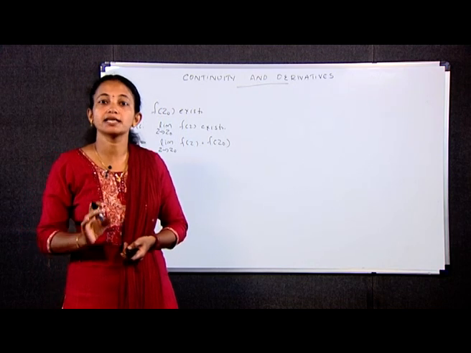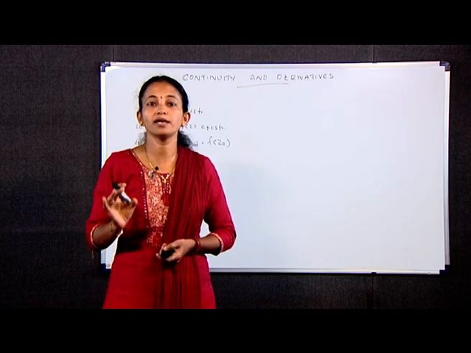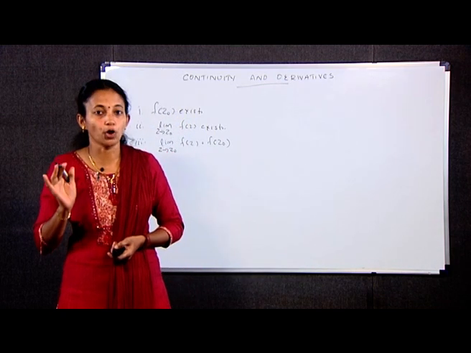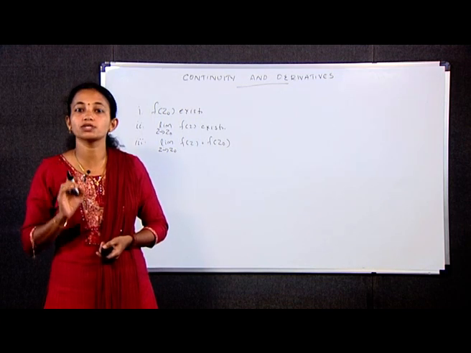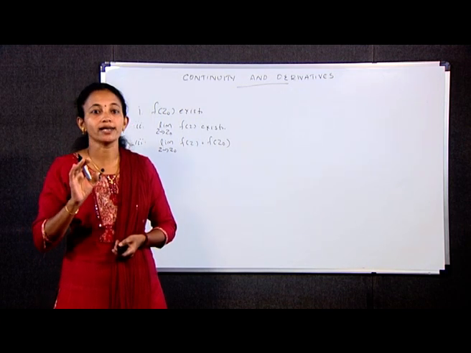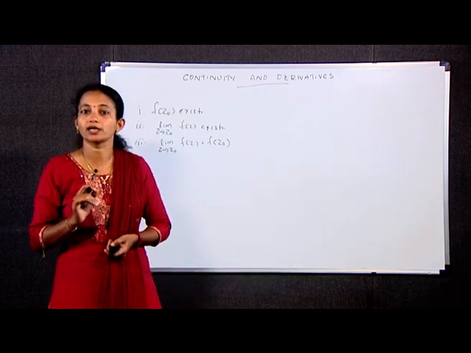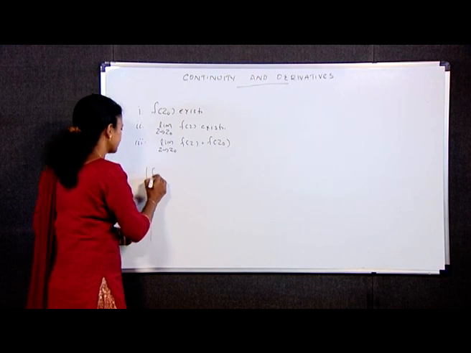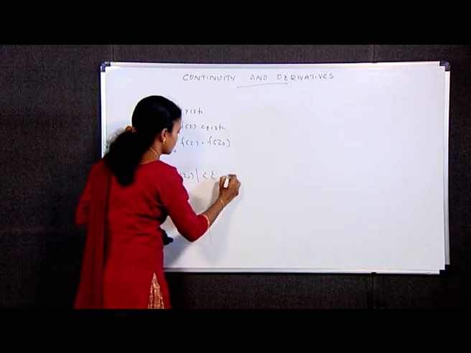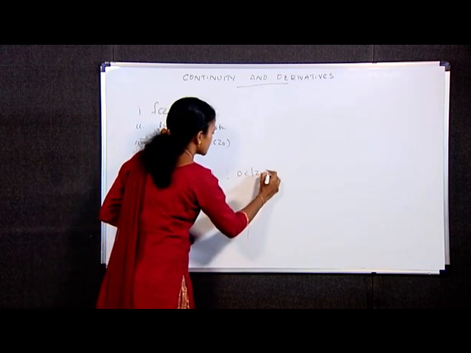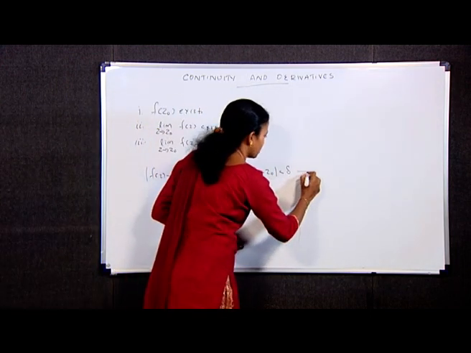Formally, f(z) is said to be continuous at a point z equal to z0 if for every positive real number epsilon, no matter how small epsilon is but not 0, we can find a positive real number delta such that mod f(z) minus f(z0) less than epsilon whenever mod z minus z0 less than delta. That is, 0 less than mod z minus z0 less than delta. Mark it as equation number 1.